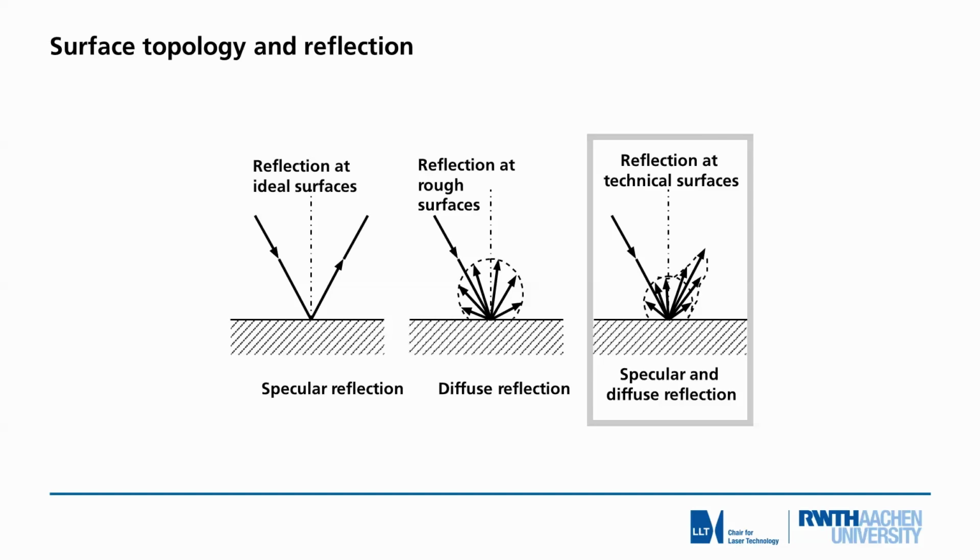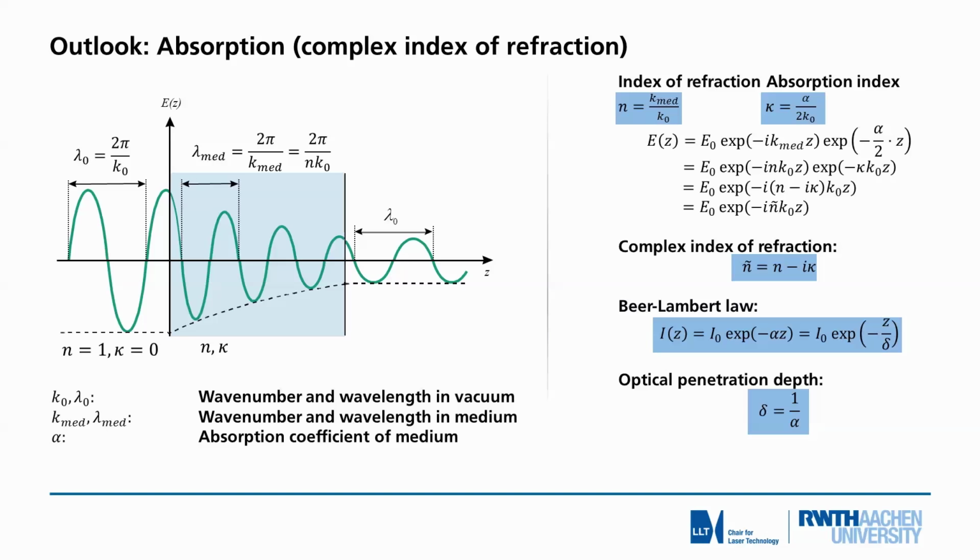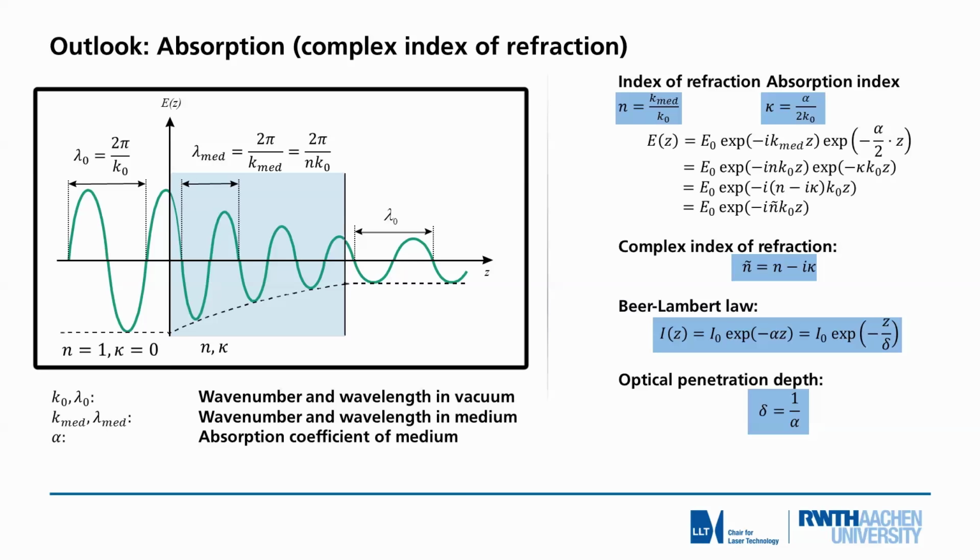So as an outlook, we here see displayed an electric field entering some medium, and if the index of refraction in the medium is larger than in the vacuum, then we get a smaller wavelength, and the wavelength scales with 1 over the index of refraction.